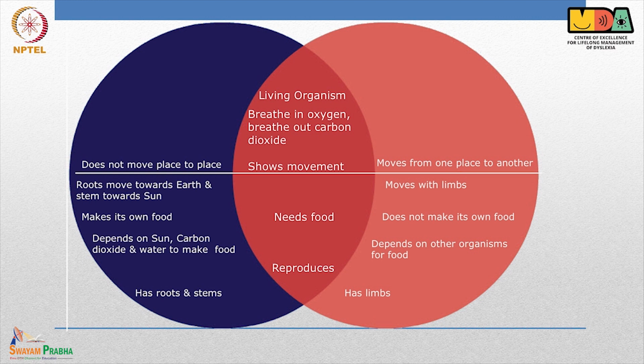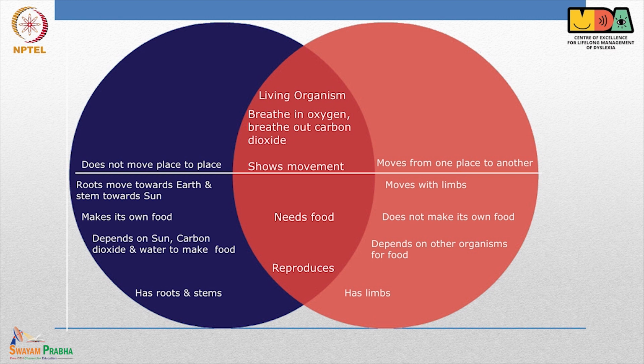So, it shows movement, but for plants the movement is not from place to place. For animals, it moves from one place to another. For plants, the movement is towards the earth and towards the sun: the root moves towards the earth and the stem moves towards the sun, whereas animals move from one place to another with the help of limbs. Next is about food.